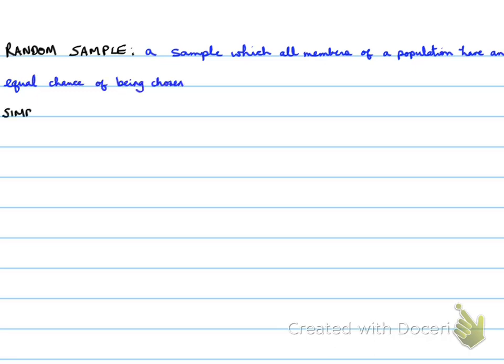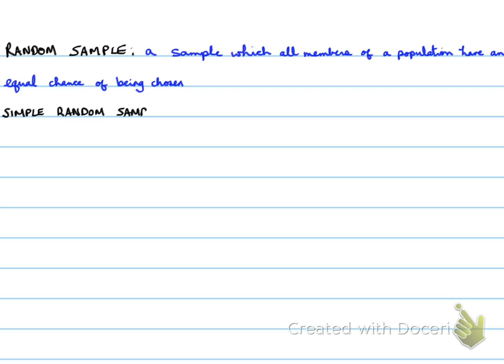When we take a sample of information to survey, there are different types of sampling techniques. A random sample is a sample in which all members of a population have an equal chance of being chosen.